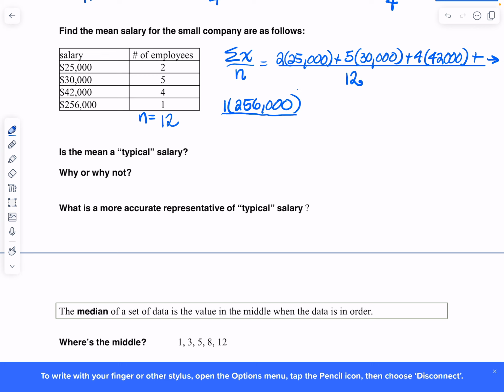So what I'm going to do is carefully plug this in. 2 times parentheses 25,000, end parentheses, plus 5 times parentheses 30,000, end parentheses, plus 4 times parentheses 42,000, end parentheses, plus 256,000.